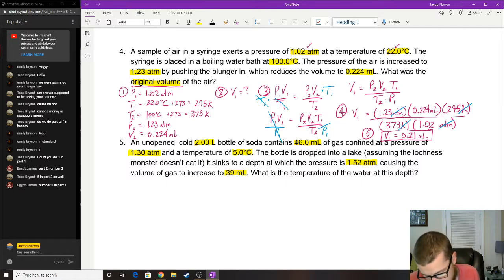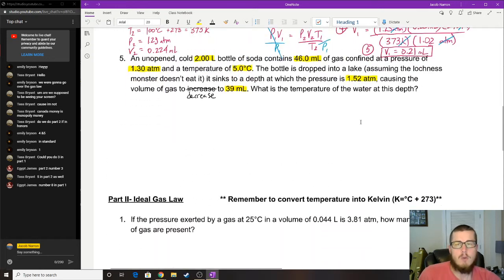What? I think they mean decrease. Yeah, I'm going to change that because that should mean decrease. See what I mean? That doesn't really make sense. So anyway, that's what we get. What is the temperature? So here's our target. What is the temperature of the water at that depth?